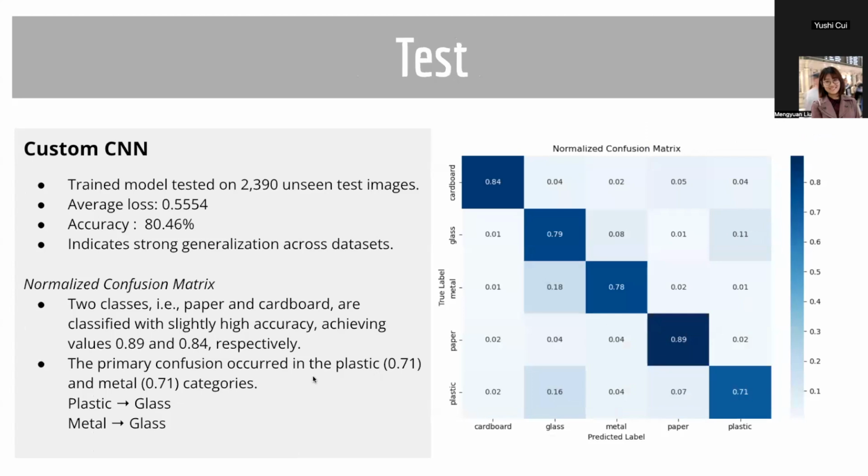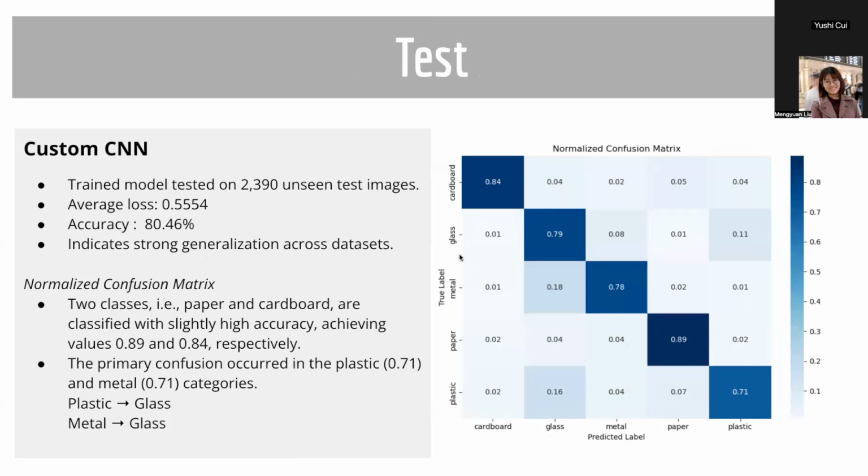After the training phase, we test our model on over 2,000 unseen test images, and our accuracy reaches over 80%, which indicates strong generalization across datasets. Please look at the right-hand side confusion matrix.